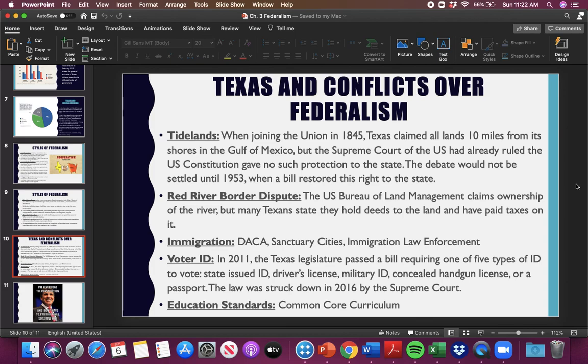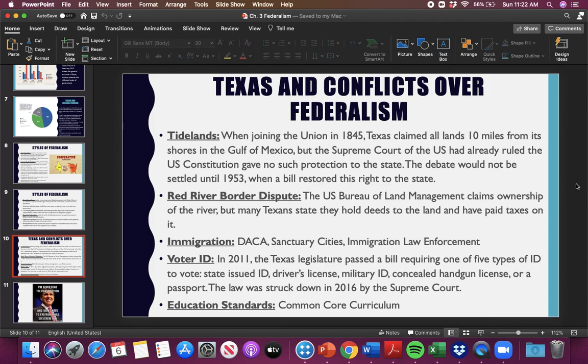The Supreme Court had already made a ruling on this and ruled that states could only claim, I think it's 5 miles. The debate would not be settled until 1953. So this goes on well over 100 years, Texas claiming 10 miles, every other state getting 5. And then a bill is passed to restore this power to the state of Texas. So we're one of the few states that has this authority.